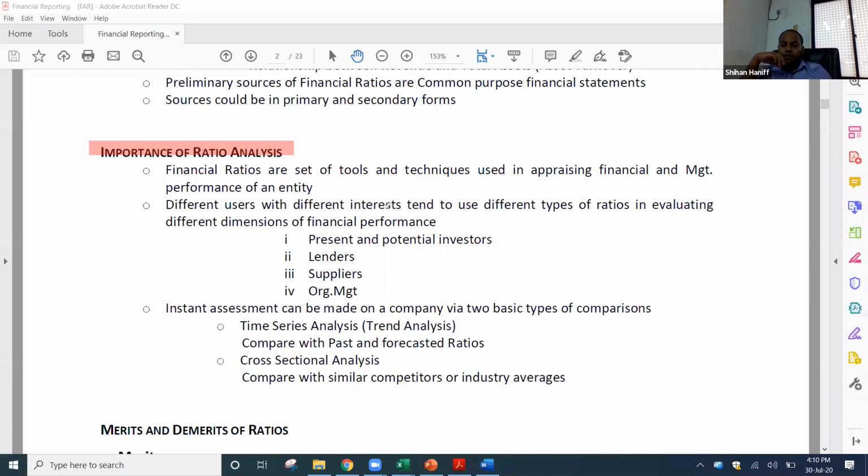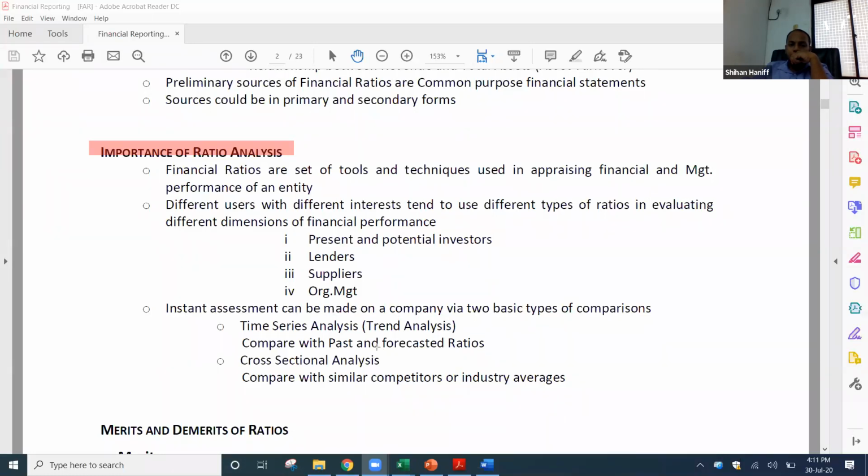And you can see the profitability of the business. Then there are different users who have different interests, so we need to provide different ratios for different users.